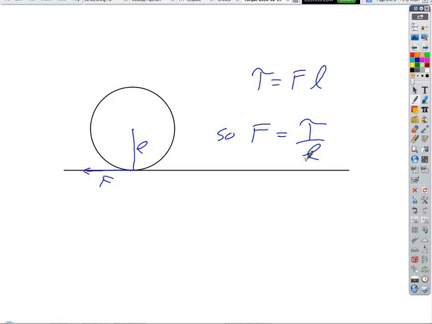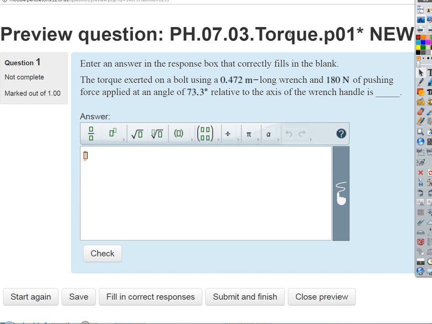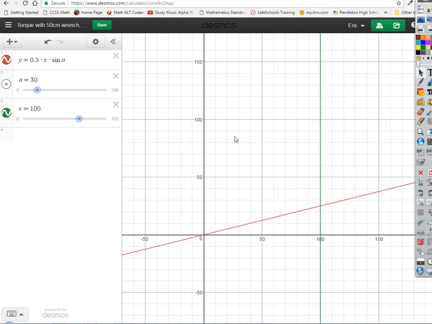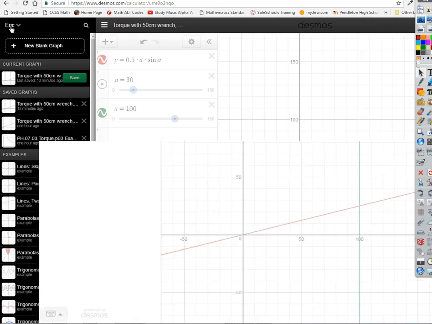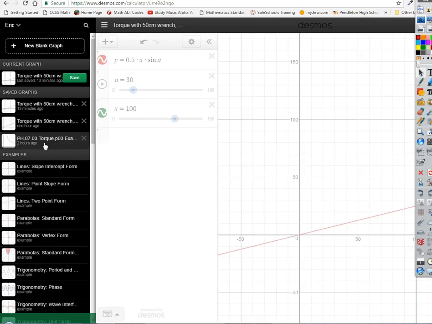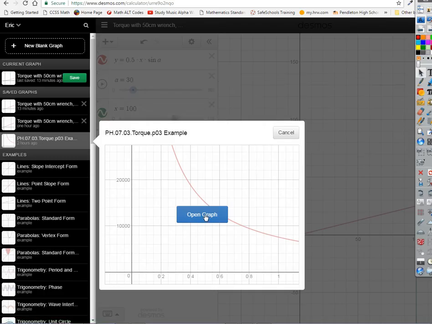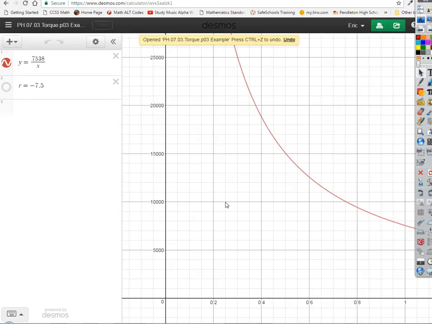What do you know? I just happen to have made another cool little graph. I'm kind of liking this whole Desmos thing. So let's look at this one then. What this is graphing is, I just made up a number.